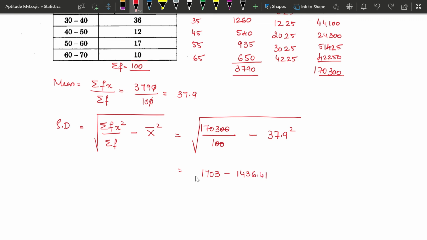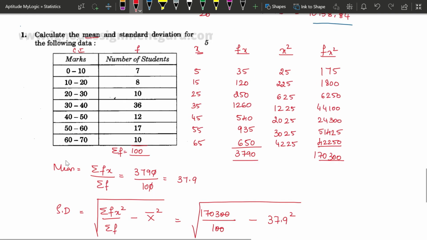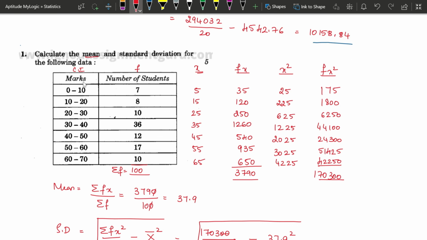Root of this, 16.327 is what we will get. We will take it as 16.33. So what is the standard deviation for the given set of data? It is 16.33. So this is how we find the standard deviation for a set of grouped data given with class intervals and the frequencies.